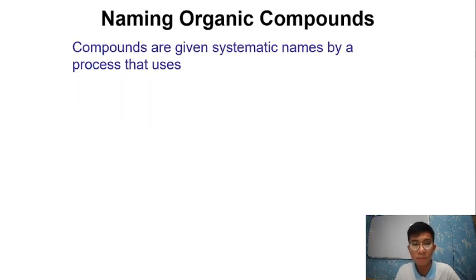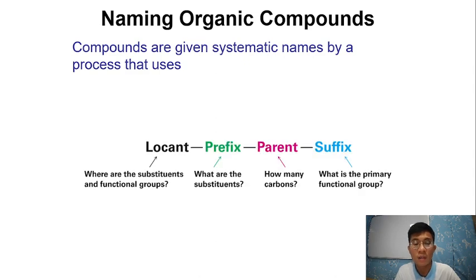Okay? So, when we name organic compounds, compounds are usually given a systematic name. There's a certain way of naming your organic compound, and this uses a locant, a prefix, and a suffix.